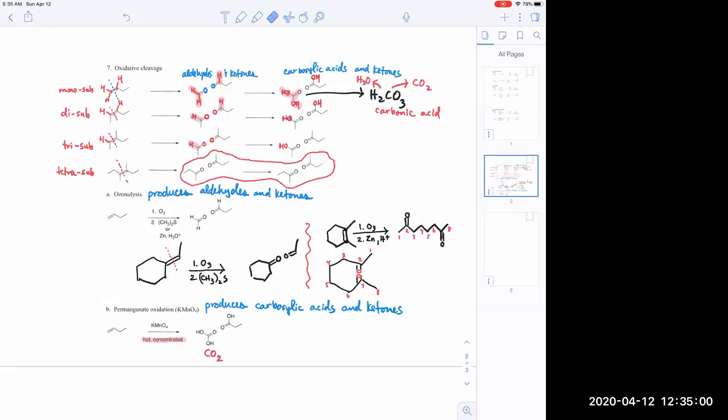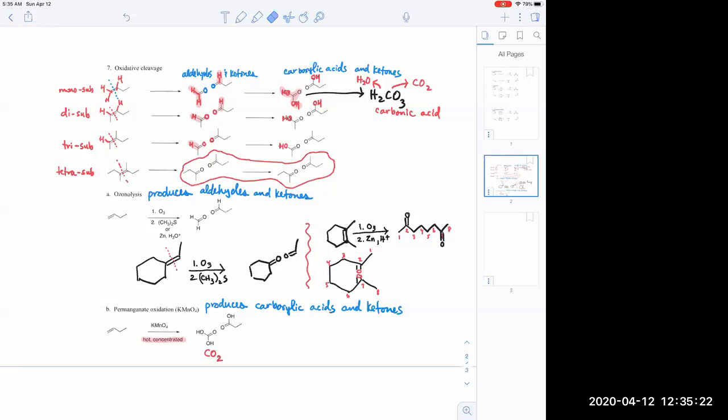If you did the oxidative cleavage using hot and concentrated potassium permanganate, then the products were carboxylic acids and ketones, or in the case of the monosubstituted alkene, you formed carbonic acid, which then produced carbon dioxide.